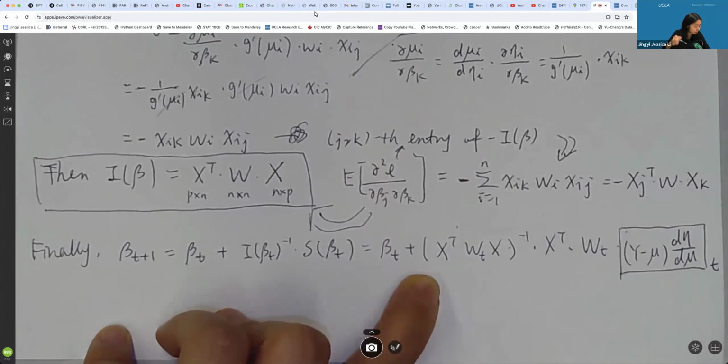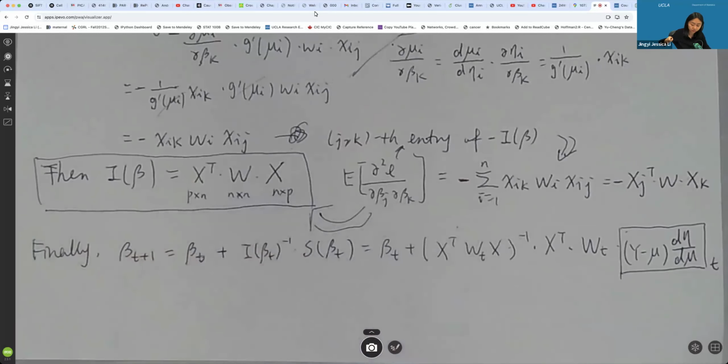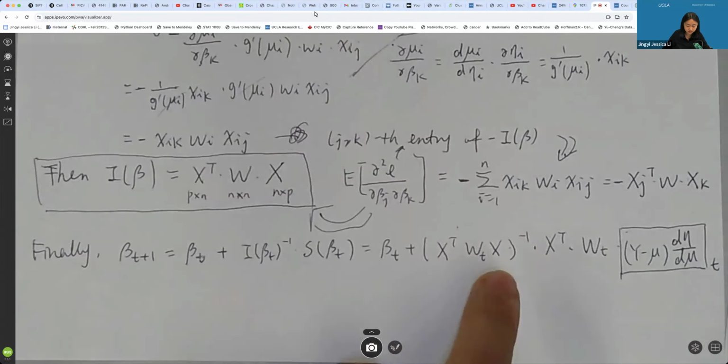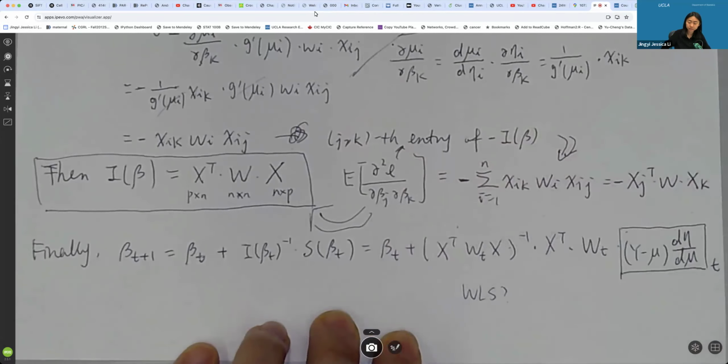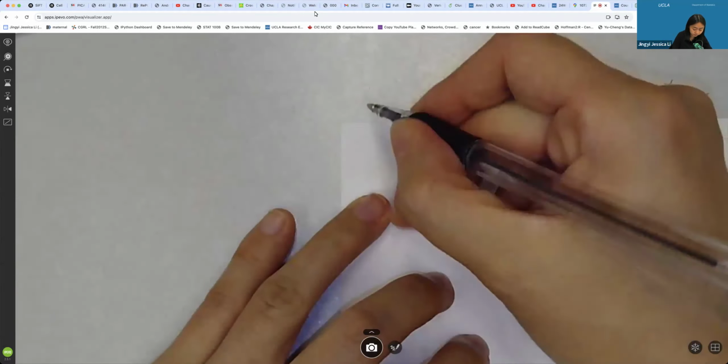Now I will introduce weighted least squares as external information, so you can see the connection. So I'll put a question here: what is weighted least squares?